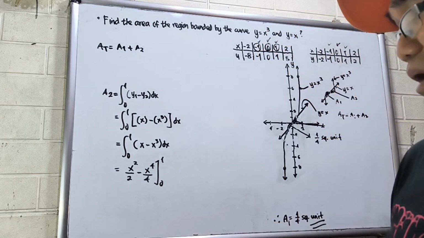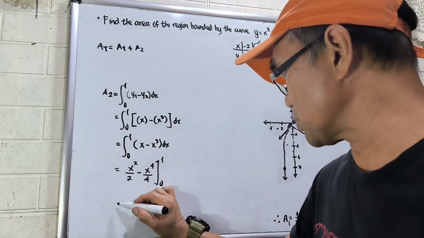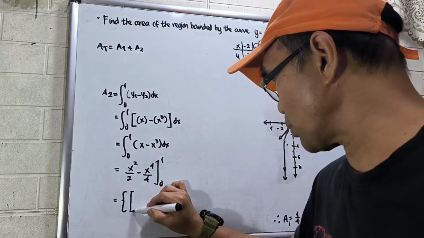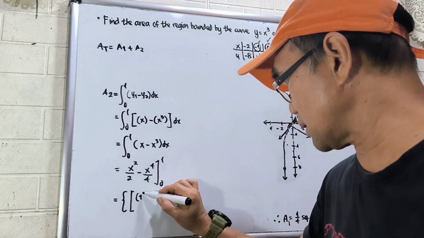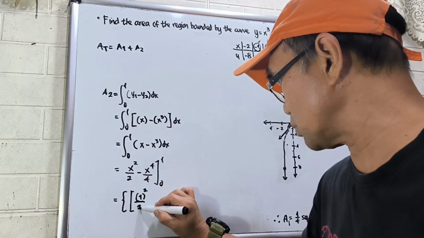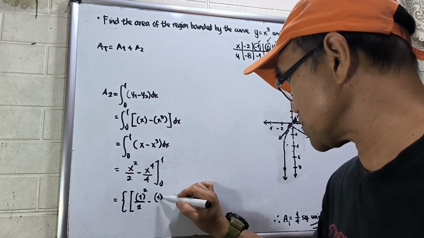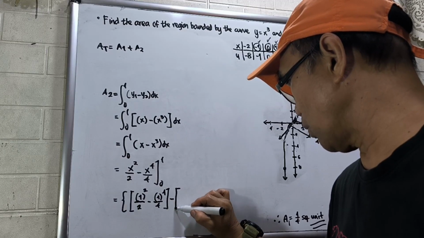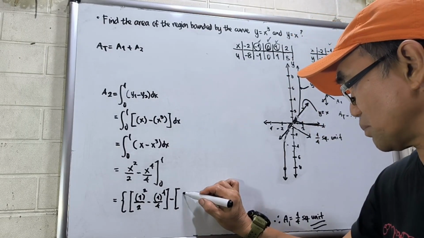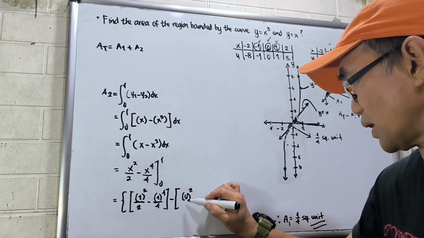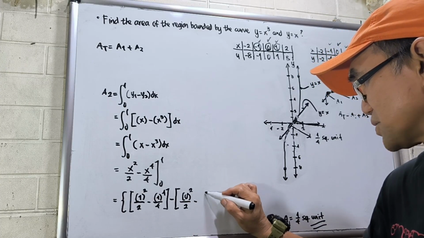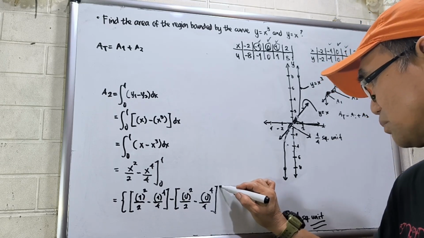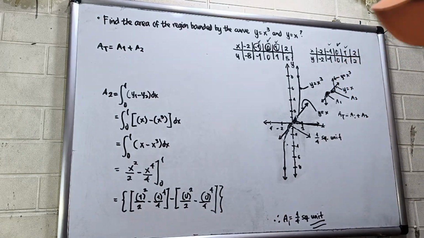Okay, so the same, f of b minus f of a. So this will be an open brace, then open square brackets, so this will be 1 raised to the power of 2 over 2, then minus 1 raised to the power of 4 over 4, then enclose with square brackets. Open square brackets, so this will be 0 squared over 2, then minus 0 to the 4th over 4. Okay, so this will be totally closed with brace.